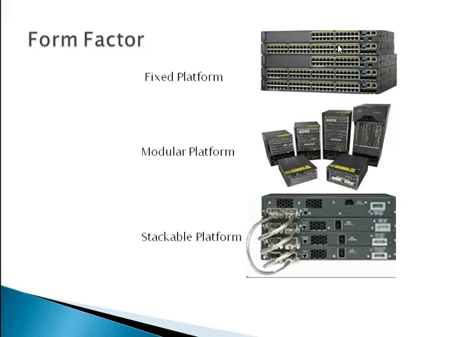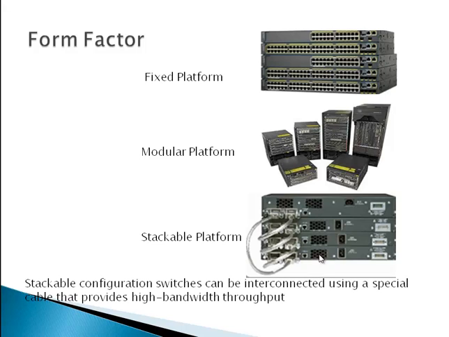They will even start competing between each other for spanning tree elections and so on. If it's stackable, we implement this special cable that's going to stack those switches together, and even though we put 4 switches together here, they will behave like 1 switch. So it's only 1 configuration for the switch. So stackable configuration switches can be interconnected using a special cable that provides high bandwidth throughput.